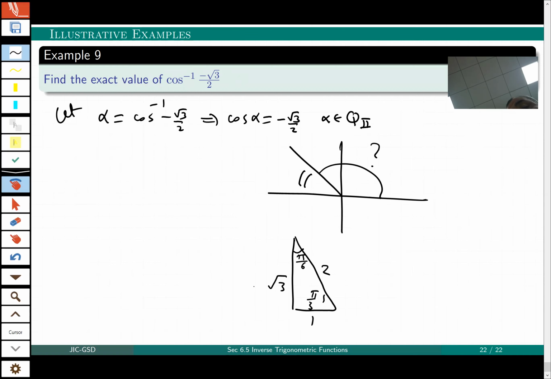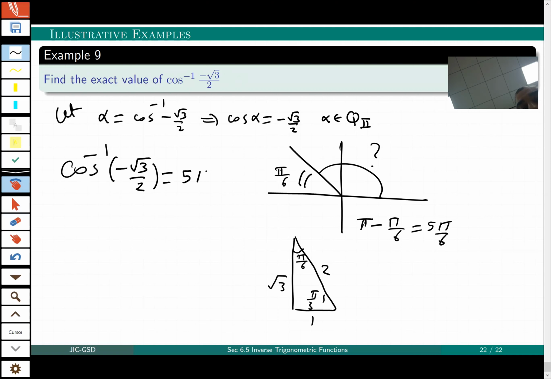Which angle will give me adjacent root 3? That is pi over 6. So how to calculate what we want? It's pi minus pi over 6, which is 5 pi over 6. So cosine inverse of minus root 3 divided by 2 must be equal to 5 pi over 6.